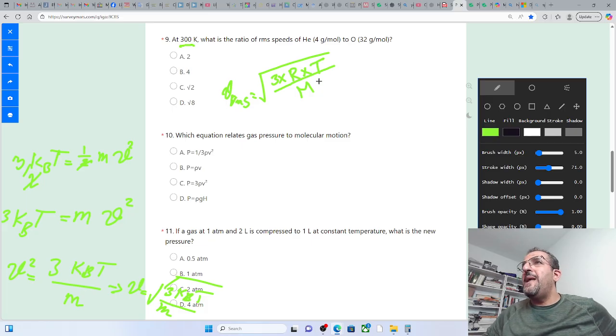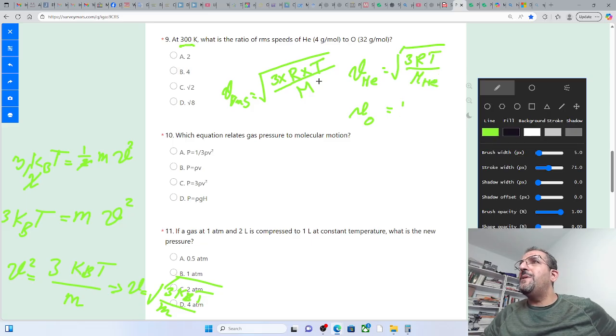Now I have two v root mean squares, one for helium and another one for oxygen. For helium I have the square root of 3RT divided by m helium, and for oxygen the square root of 3RT divided by the mass of the oxygen.